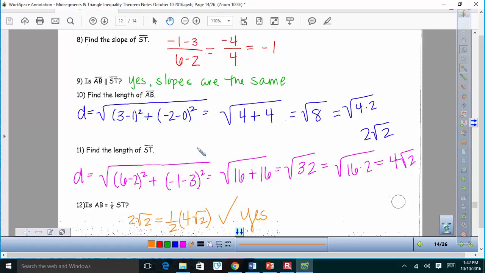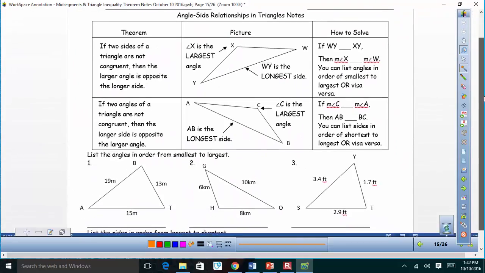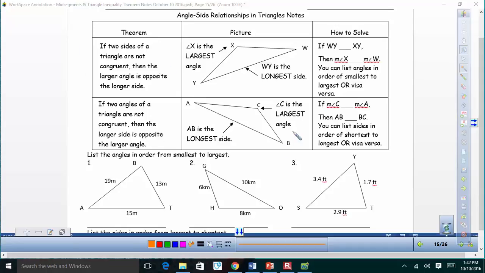Now I want to talk about the triangle inequality theorem. So if you will look at your other page of notes, all that angle side relationships have to do, there's a whole lot of stuff up here that we could read and I can tell you what it means, but basically the side across from the angle, or opposite of the angle, always has a relationship with that angle and vice versa.